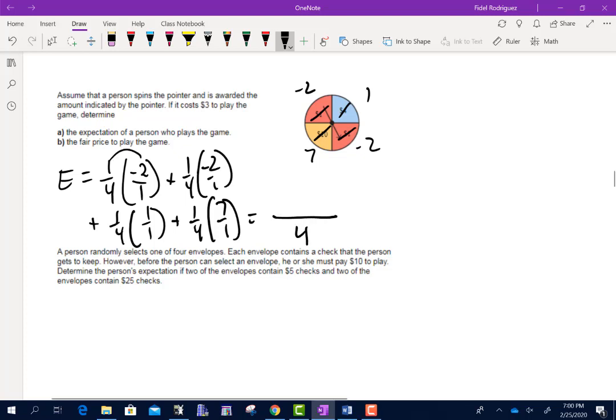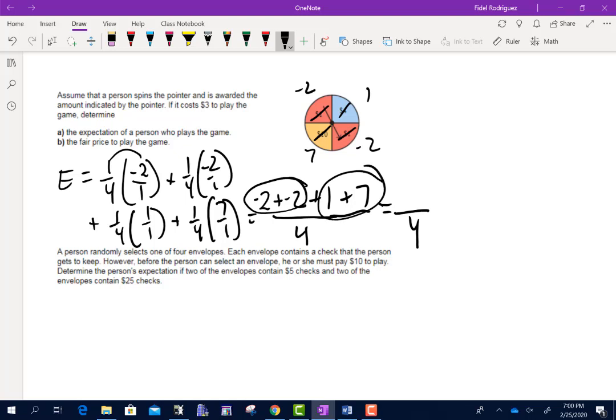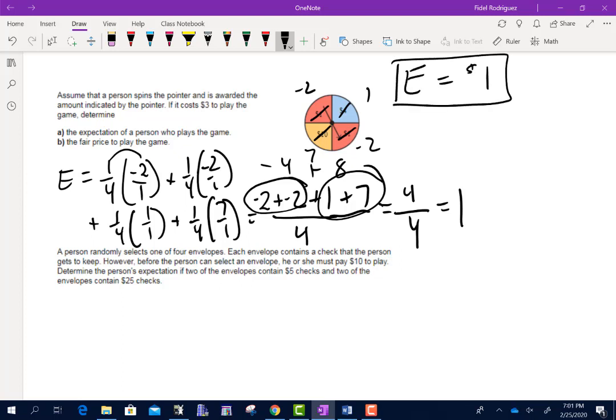So that's going to give me -2, another -2, a 1, and a 7. If I add those together, that's -4, and 8, so that would give me a +4. 4/4 is 1. So my expected value on this game would be $1.